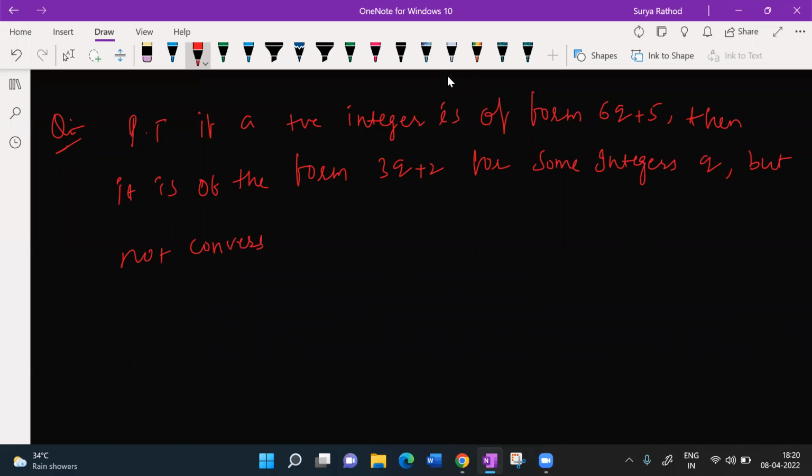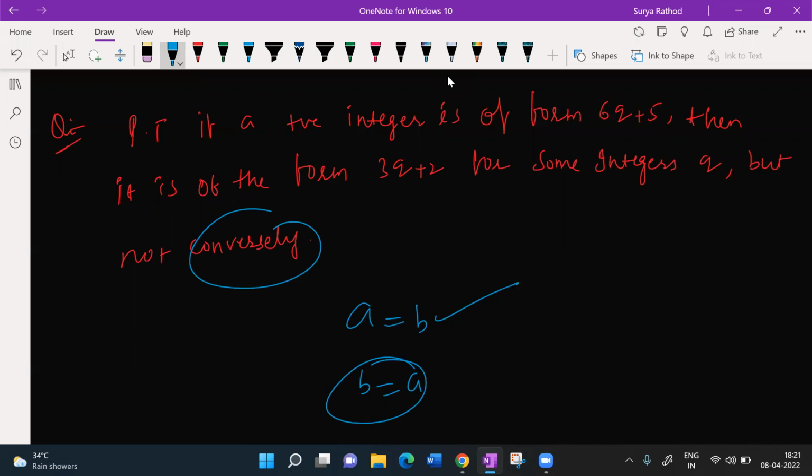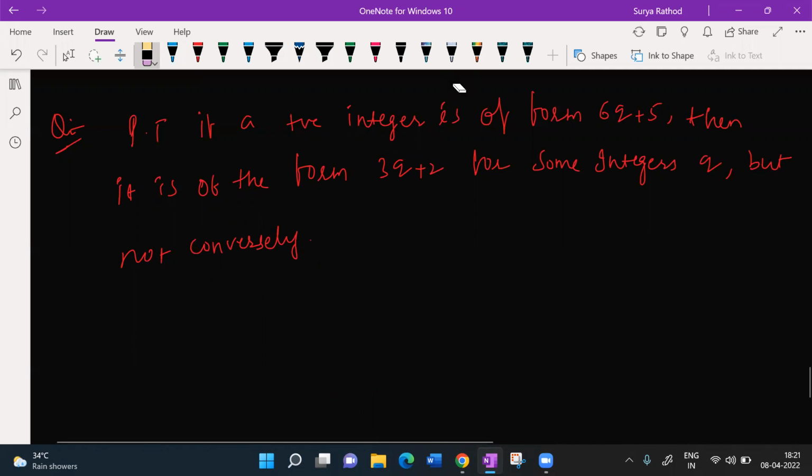What is the meaning of conversely? If a is equal to b, b is not necessarily equal to a. Converse means reverse. Understood my point? Prove this.